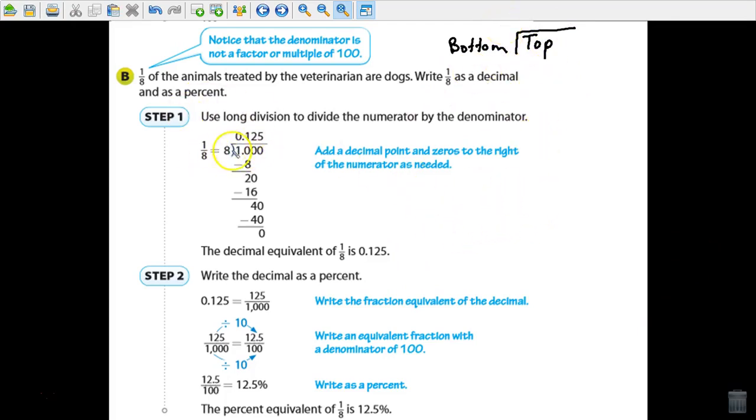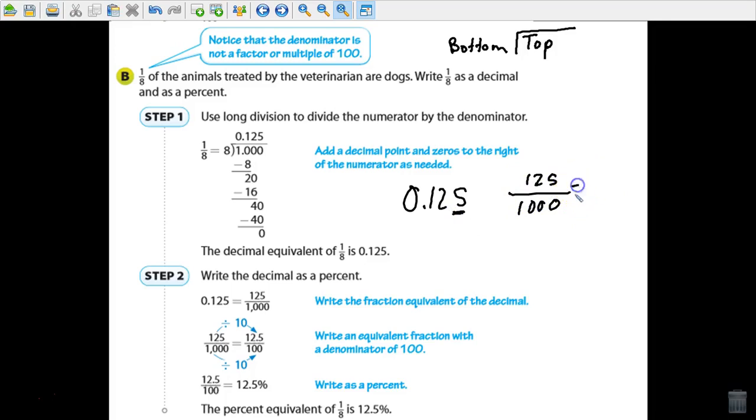So they work it out, 1/8. They divide it. You keep adding zeros when you can't do anything else, and then you bring the zeros down, and they end up getting 0.125. So I have the thousandths place. So this is going to be 125 over 1,000.